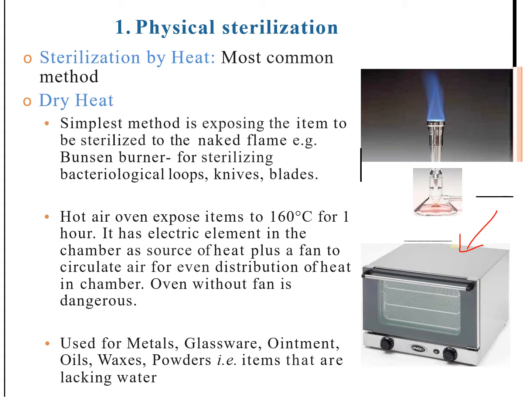It is actually a double walled chamber in which there is a heat coil underneath, and this heat coil generates the hot air which is circulated with the help of a fan. This methodology is generally used for sterilization of metals, glassware, ointments, oils, waxes, powders, etc., that is, the items that lack water.